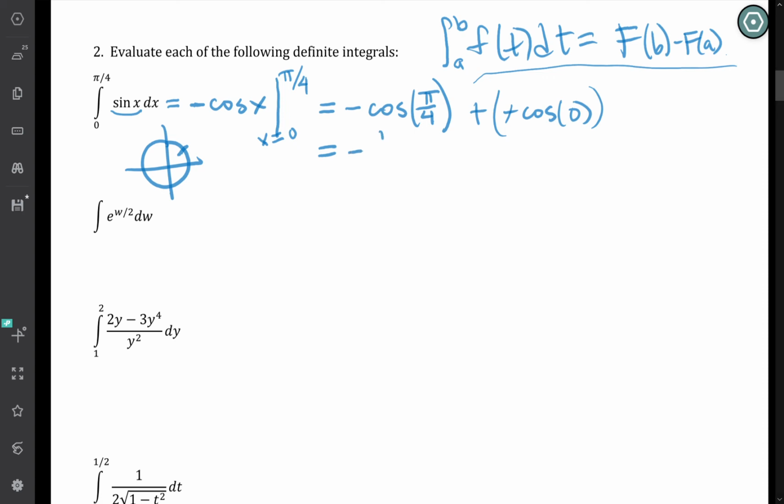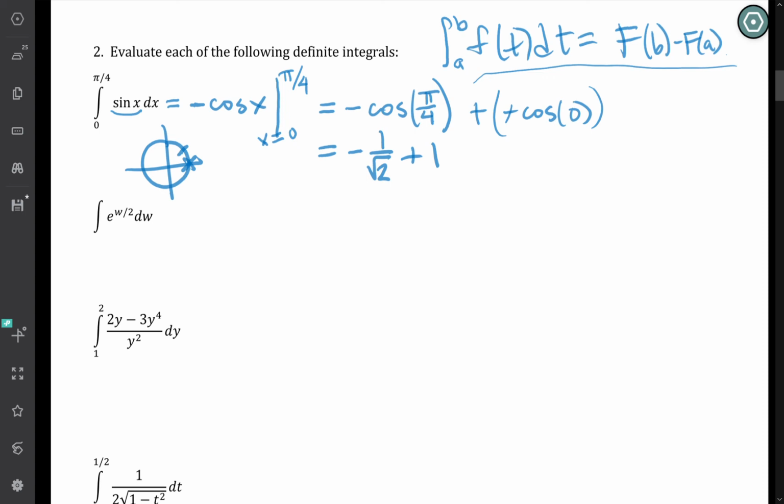So I get a negative 1 over root 2. You can also use root 2 over 2 if you like it. I don't require you to rationalize denominators, but if that's how you've got it in your head, use it. And then cosine of 0, that's our x value when our angle is 0, which is 1.